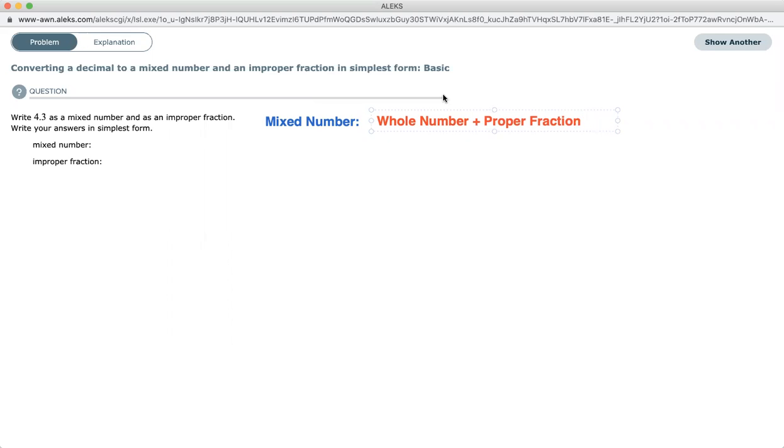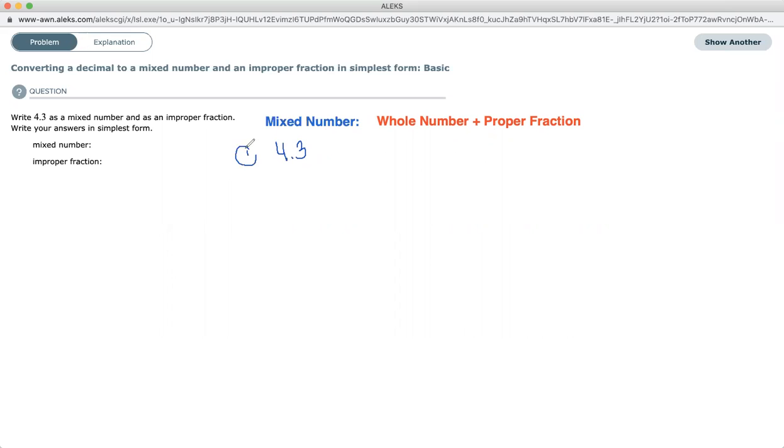But when we write the mixed number, we don't actually write the plus sign in between. So we have the decimal 4.3, and I want to write this as a mixed number. There are two ways of going about this.